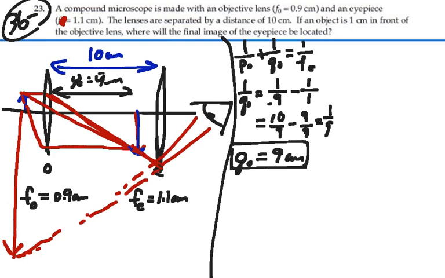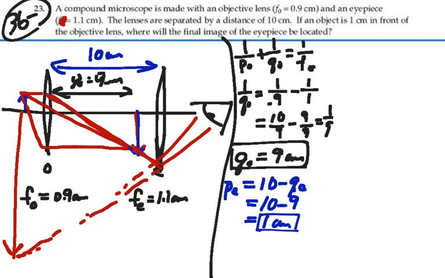This image will act as the object for the eyepiece lens. So in other words, the eyepiece object distance is going to equal 10 minus the image distance from the objective lens. So that's going to be 10 minus 9, or 1 centimeter.